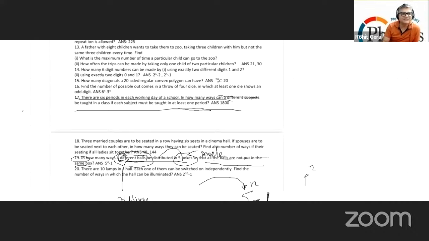So these are the things, and the people are your classes. Generally the number of things to be distributed is larger than the number of people. So the number of things I have to distribute is 5, and the number of people who have to accept is 6.